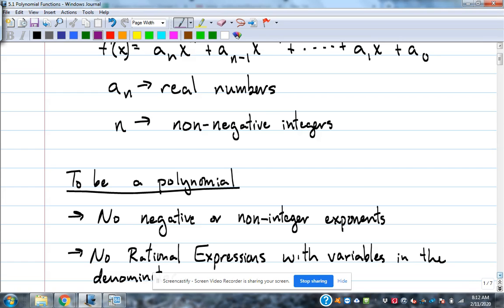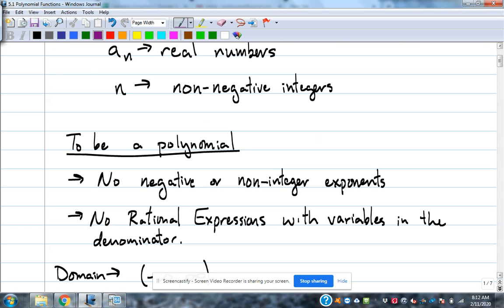And then no rational expressions with variables in the denominator. Polynomials do not have fractions in exponents, and they aren't fractions with variables in the denominator. Doesn't mean that our coefficients can't be fractions, just numbers, but we can't have fractions with x's in the denominator.